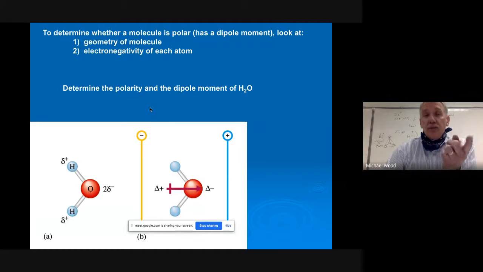But then I go back to number 2, the electronegativity of each atom. Because carbon and hydrogen's electronegativity is almost the same, the overall molecule would be nonpolar. And that's what I mean by number 1, the shape, the geometry, and then number 2, the electronegativity of each element.